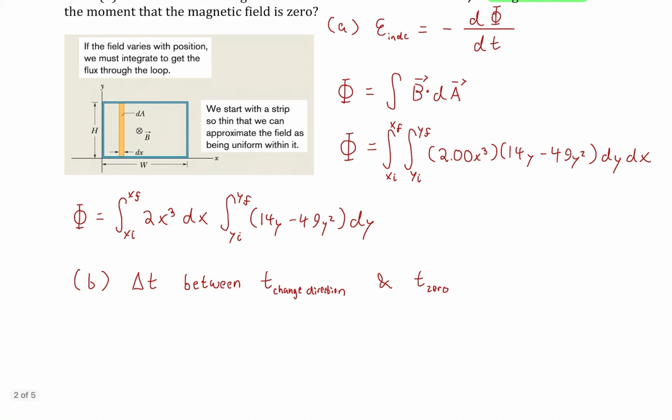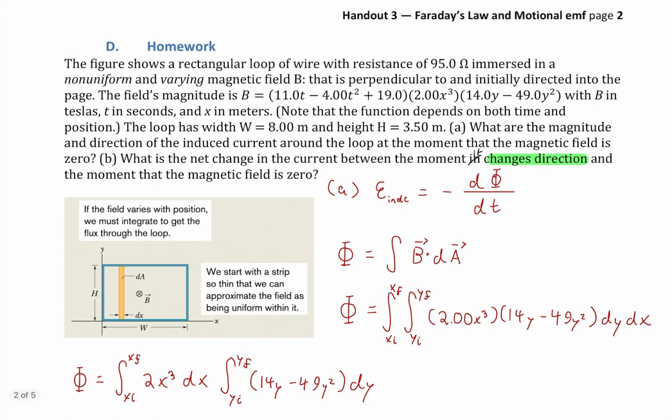In other words, the magnetic field is a function of time. It's some flux times the time part of it. So what I mean by that is when you do the integral and you have turned both of these into constants by integrating them from 0 to h and 0 to w, what you're going to have then is just a number.